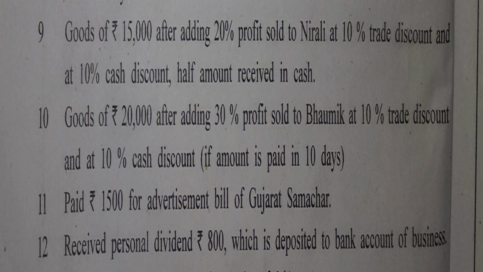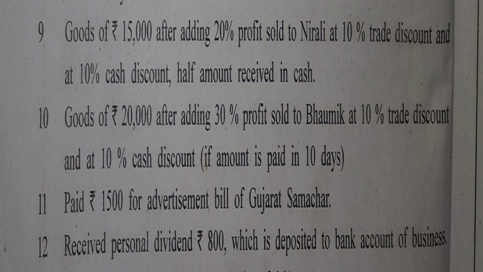So next one, 10th, I'm going to read and explain the journal entry for the same. It says goods of rupees 20,000 after adding 30% profit sold to Bhomik at 10% trade discount and at 10% cash discount if amount is paid in 10 days.